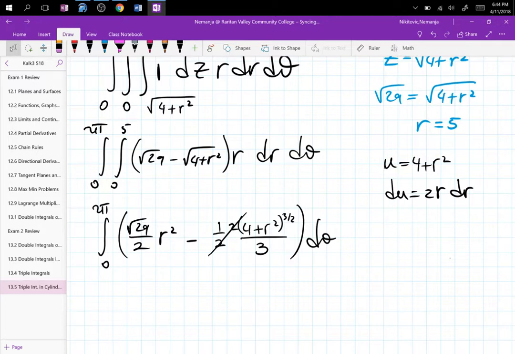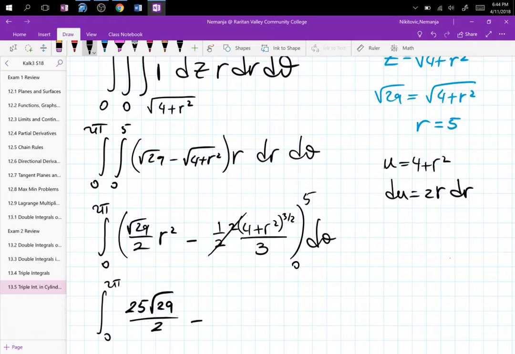Nice. All right, and I need to calculate from 0 to 5. So now we plug those guys in, and for 0, everything will... no, it will not die. So for 5, I have 25 root 29 divided by 2. So 25 square root of 29, minus, when I plug in 5 over here, I get 29, so it's going to be square root of 29 cubed over 3.